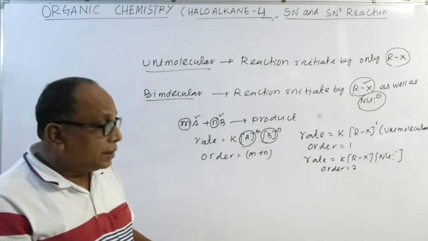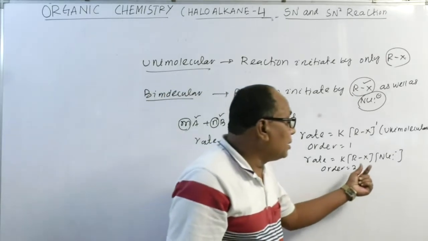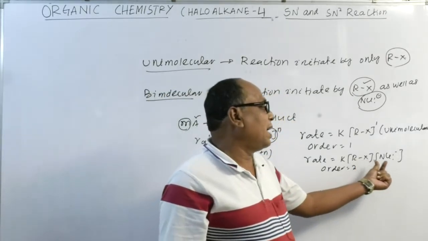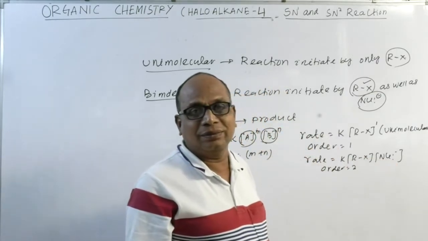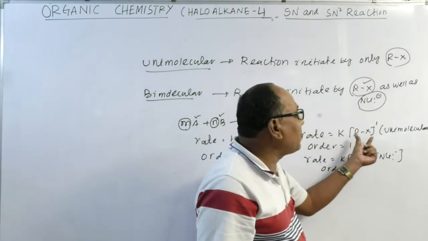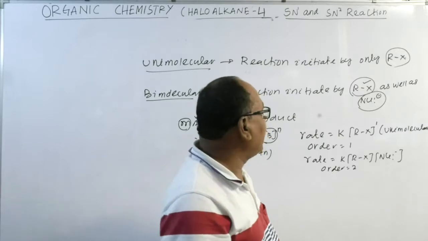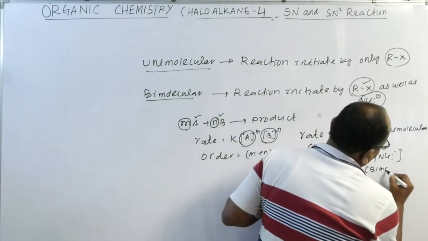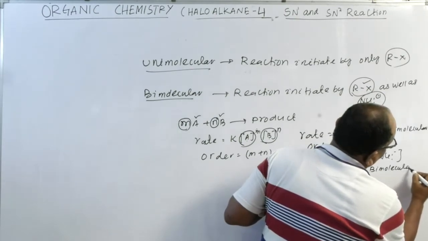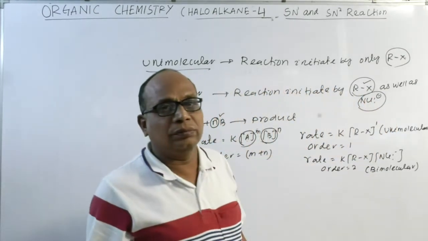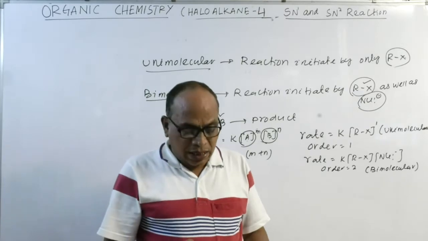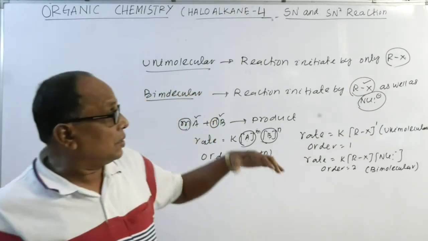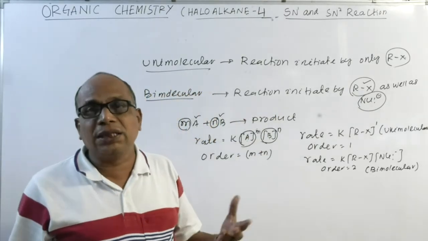That means the rate depends upon the concentration of alkyl halide as well as the nucleophile. But in the unimolecular case, the rate depends upon only alkyl halide. This is for bimolecular reaction. Okay, students, we can know what is molecularity and what is order.